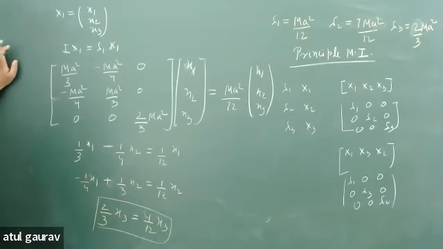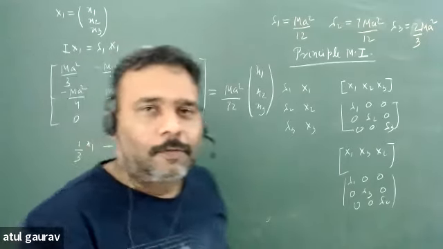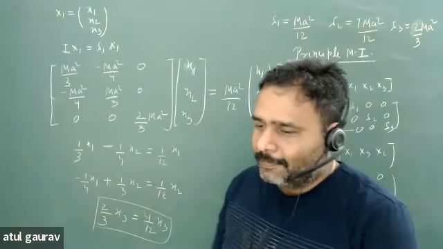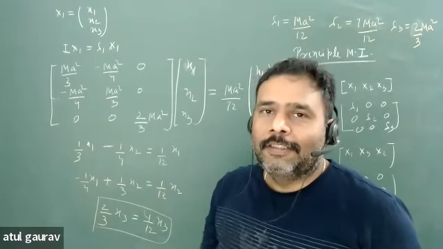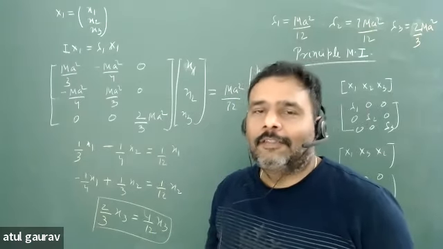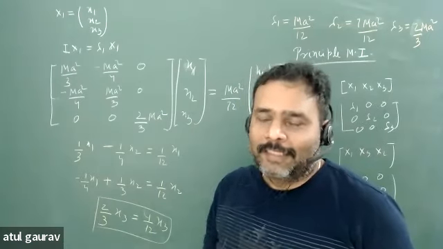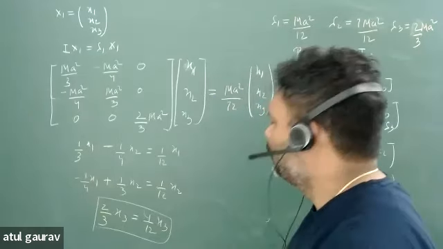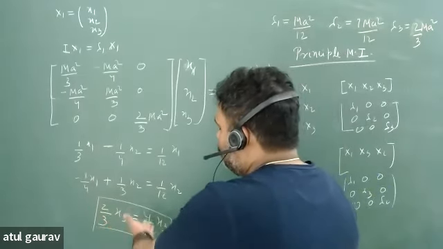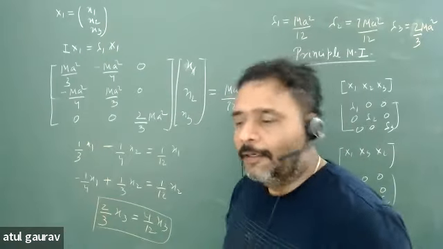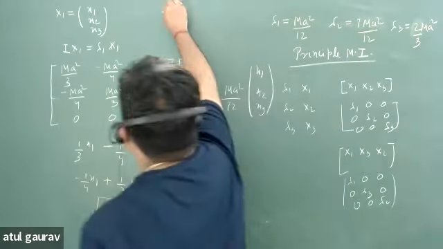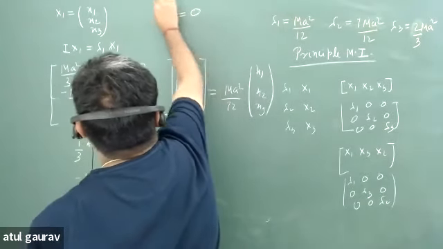If 2 mangoes are equal to 1 banana, how many mangoes and how many bananas are there? 0, sir. So here x3 is 0, not anything. 2/3 x3 is equal to 1/12 x3, how can it happen? Only in one case: x3 must be equal to 0.